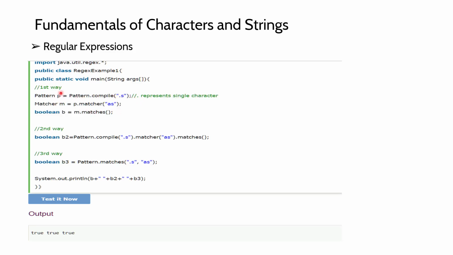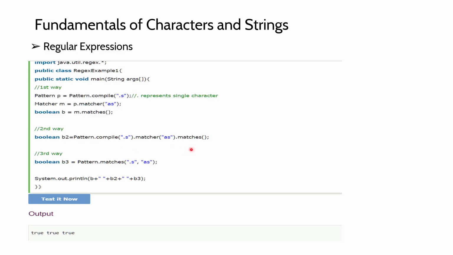That returns p, and then we'll call matcher on p and then add a string there. Then we will call matches on m because it returned a matcher, and we will see if a true or false is returned here.